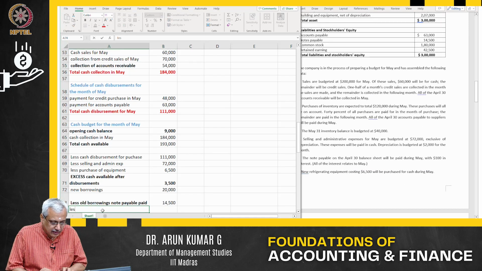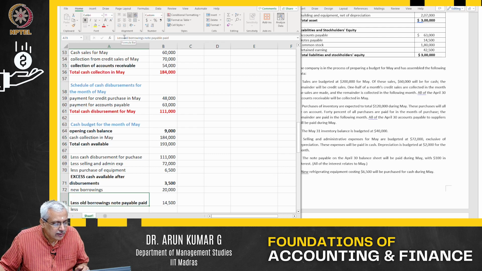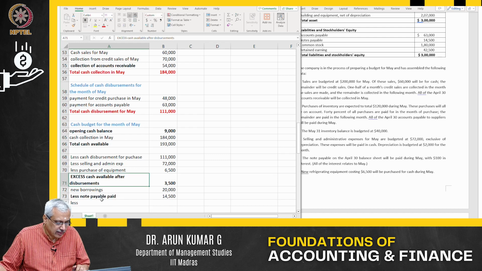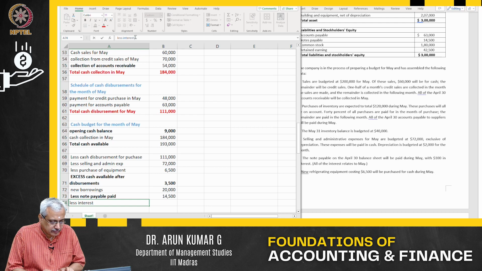Less of old note borrowing, I would say, less note payable paid. That is all I would say. Next, less interest on the note payable, 100.